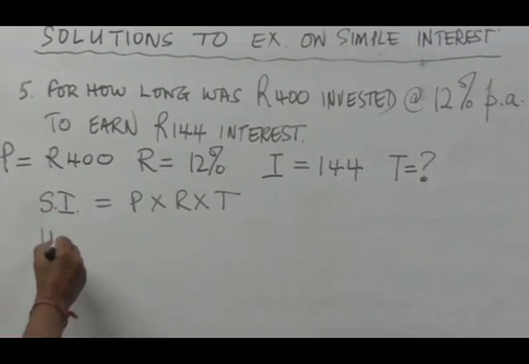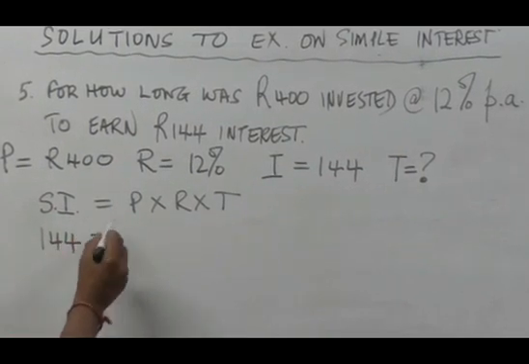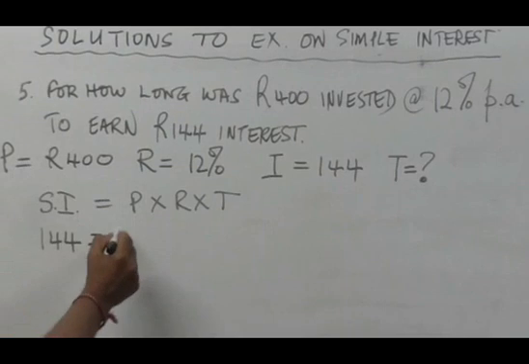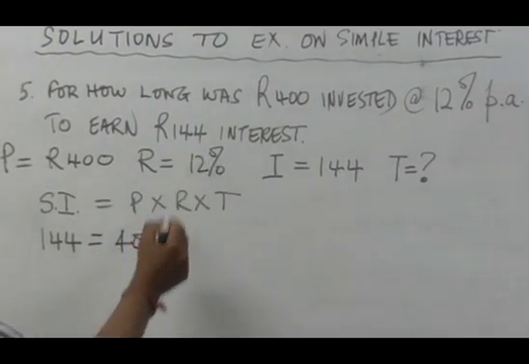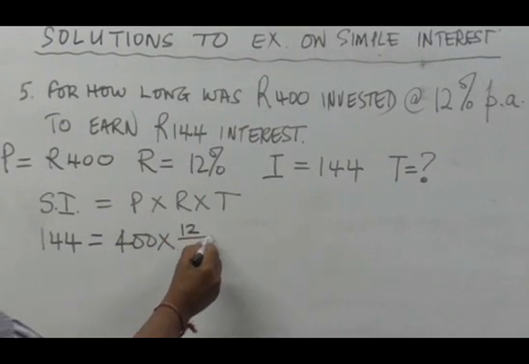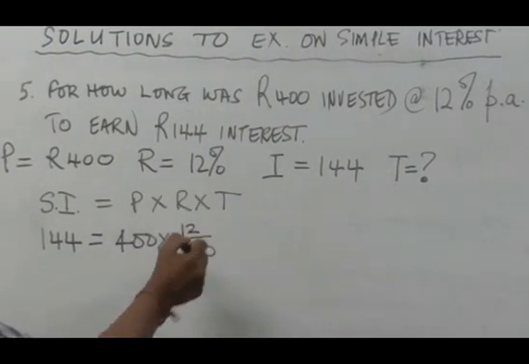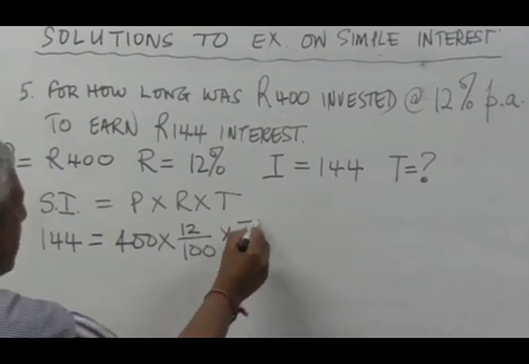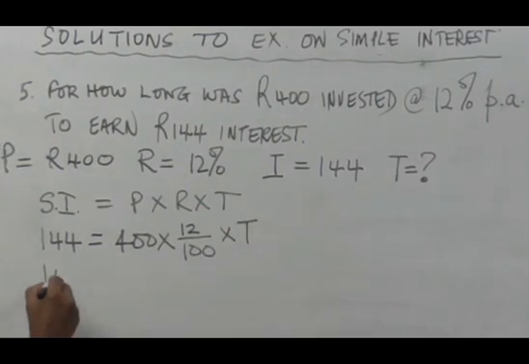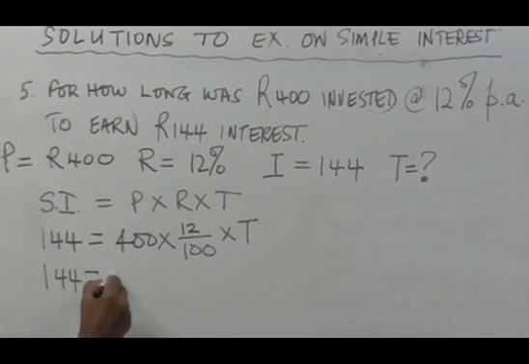The principal is 400 Rand, so that's 400. The rate is 12%, so that's 12 over 100. 12% means 12 over 100 times T, which we don't know. So that's 144 is equal to 400.